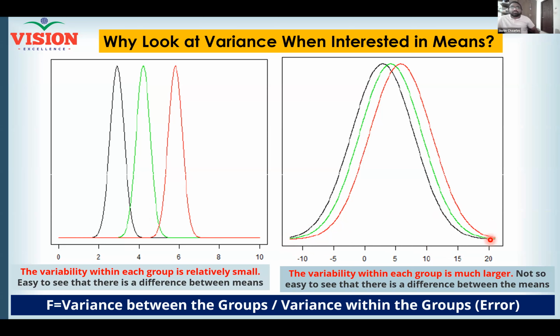This is called variation within your data. But when you come to the left side, the first distribution is ranging from 2 to 4 only. -10 to 20, the spread is too much. But 2 to 4, the spread is too less.